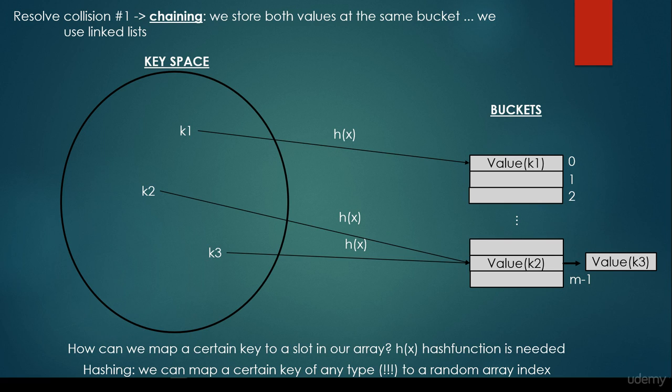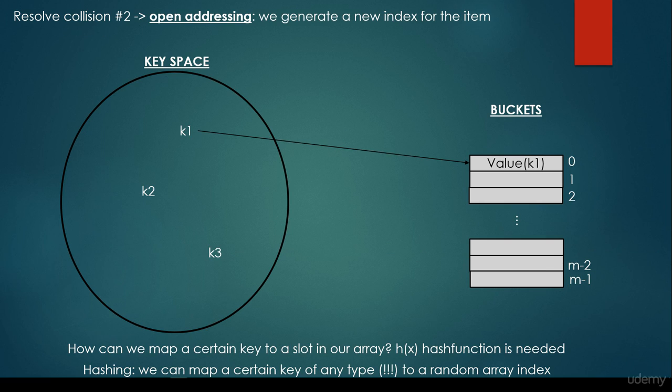The m-2 index is going to store a value, of course, and the reference pointing to the next value, because we have to store two values in this case because of the collision. So this is the so-called chaining method when we use linked lists in order to store items with the same index. Another method is the so-called open addressing.